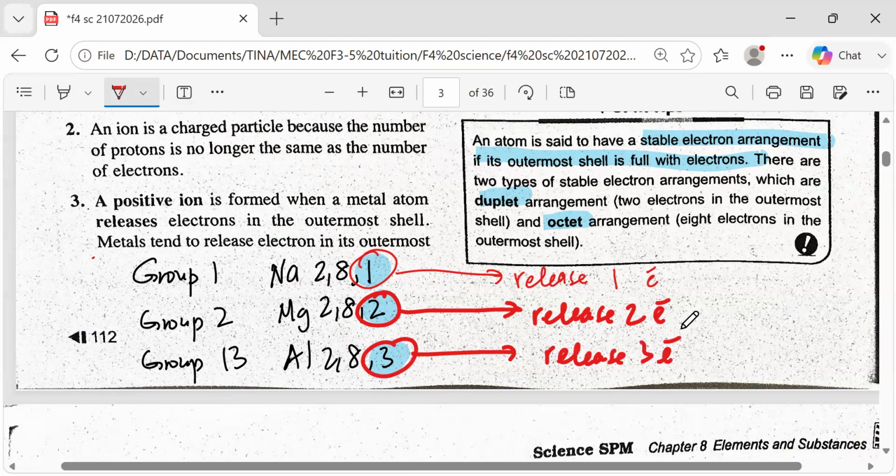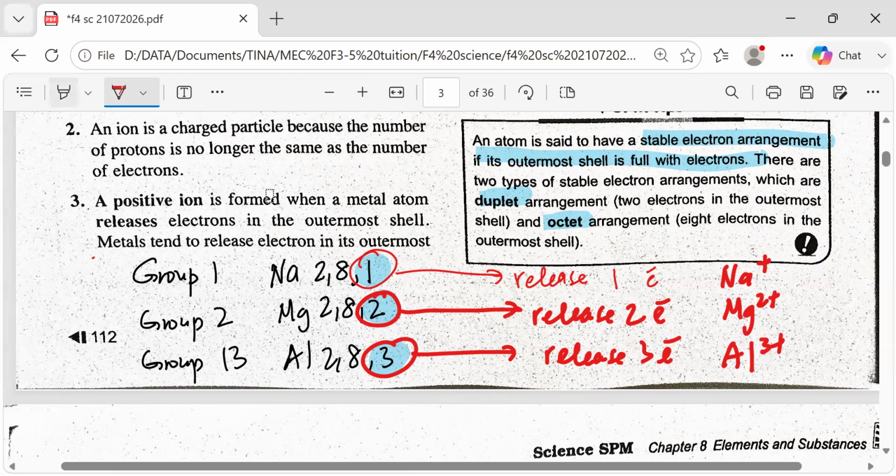Is an electron positive or negative? Electron is negative. If I throw away negative, do I become positive or negative? I become positive. I throw away 1, I become positive 1. I throw away 2, I become positive 2. I throw away 3, I become positive 3. Understand?